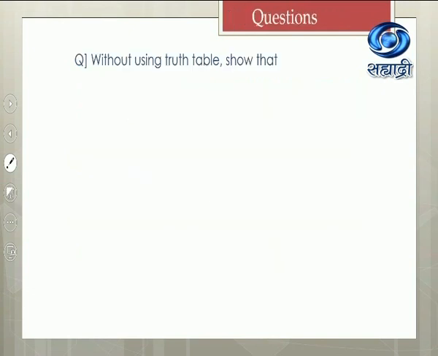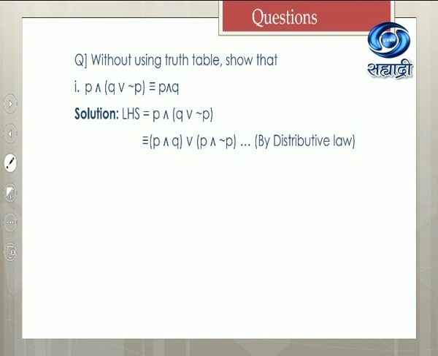Let us see some examples. Without using a truth table, show that (P and Q) or (P and negation P) is equivalent to P and Q. So here we can either consider LHS or RHS and then solve. Here we are obviously going to consider the LHS. Open the brackets, we get (P and Q) or (P and negation P). Why? Because of the distributive law. What is the distributive law?